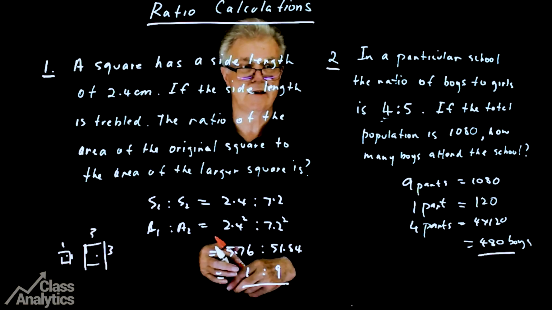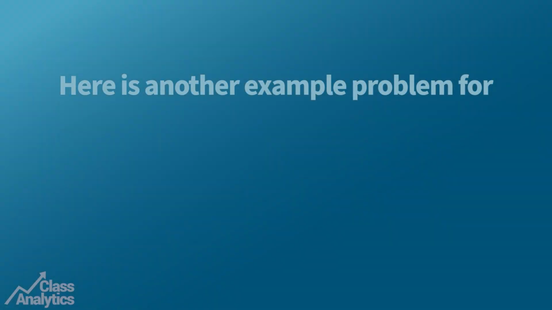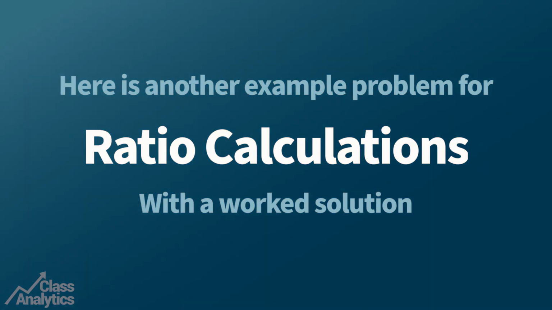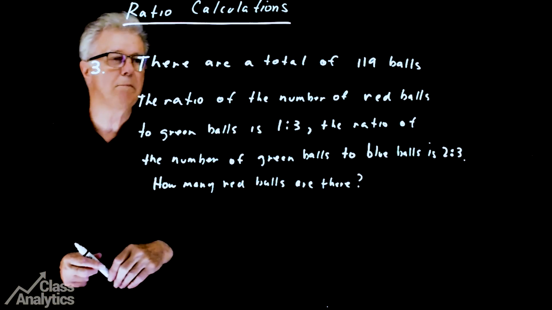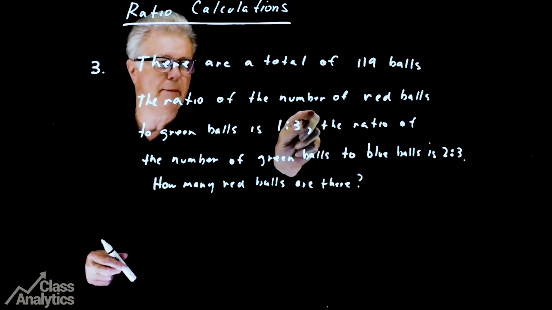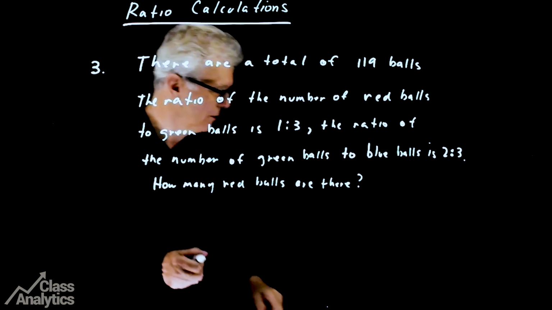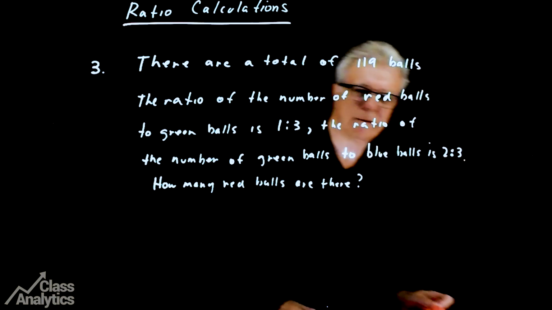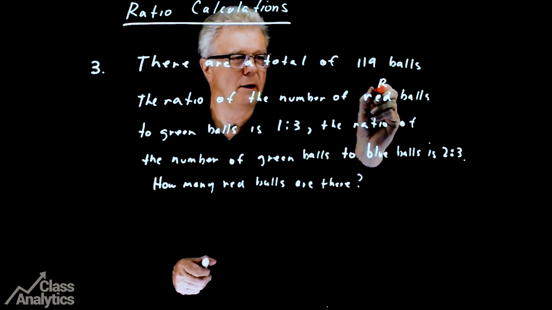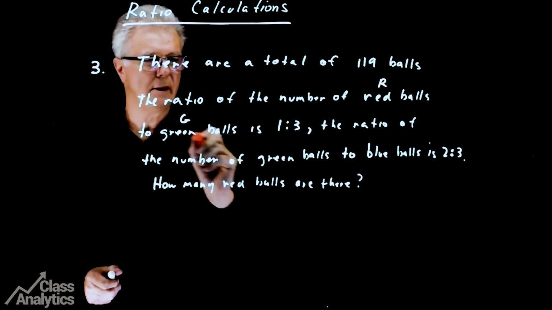Right, now for the next couple. Number 3, this is the harder one. There are a total of 119 balls. The ratio of the number of red, let's make that a red here, red to green is 1 to 3.